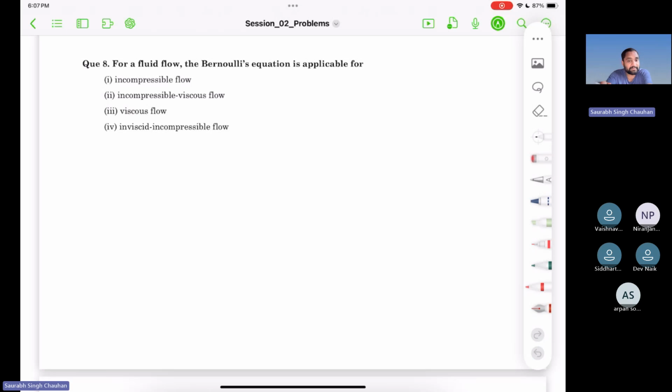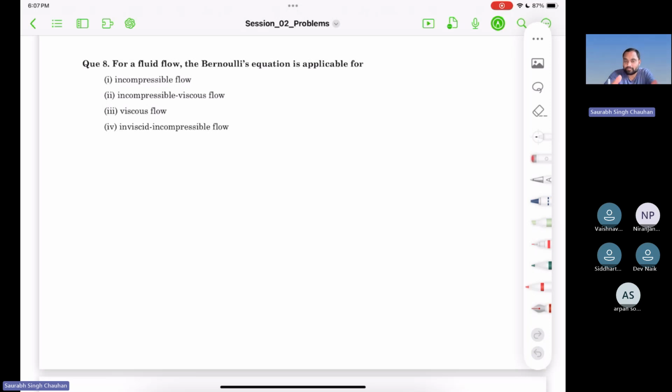For example, if an equation is related to momentum conservation and you are dealing with a situation where momentum is not conserved, then you cannot apply that equation, right? The fourth option, inviscid incompressible. Yes, exactly. The fourth option is the correct option.